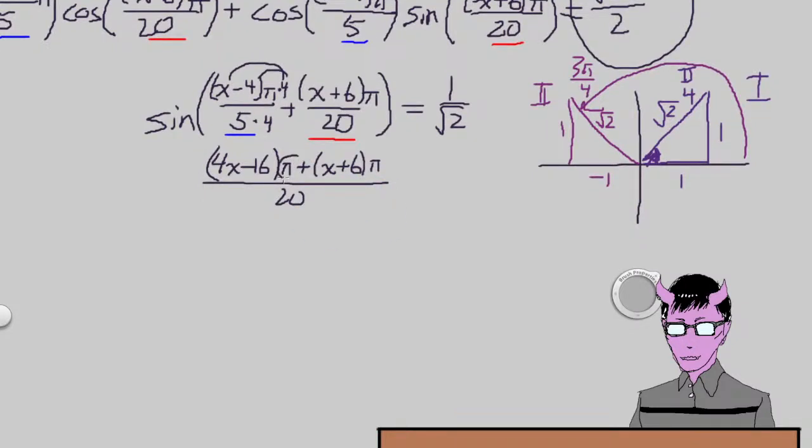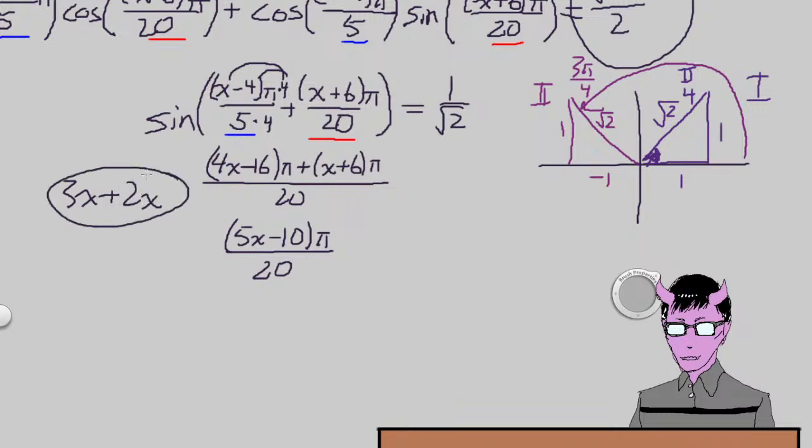And like I said before, since this is a parenthetical of pi, we just add parenthetical to parenthetical. So we're going to get (5x minus 10) times pi. If you think about it, this one is just similar to like 3x plus 2x. So if you have something like this, you could just add the coefficients. But instead of having x, you just have a pi. Okay, so that's going to be the argument for the sine function.